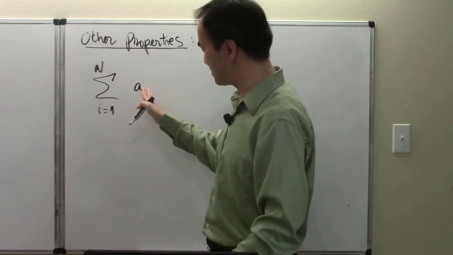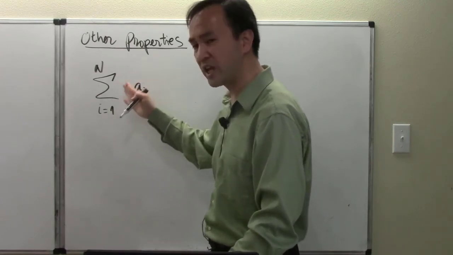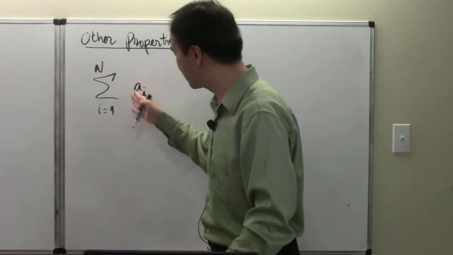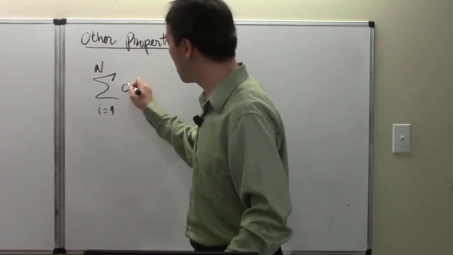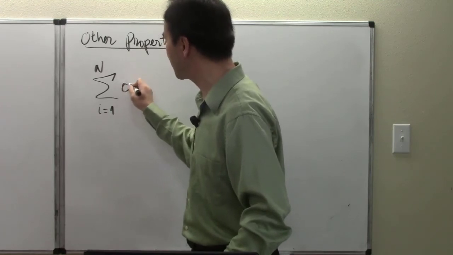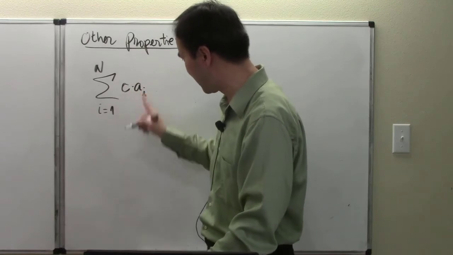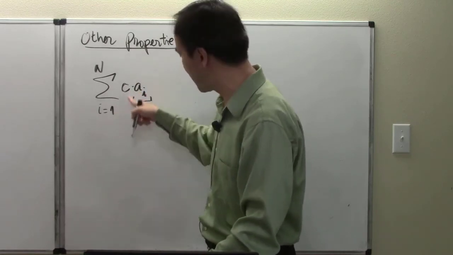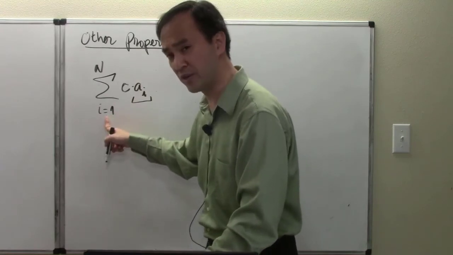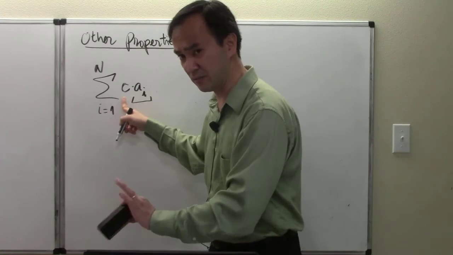But before we worry about the actual rule that regulates the value of a sub i, at least one thing we know, each term has a constant coefficient c. So this c part right here, pay attention, it's c times a sub i. The a sub i part generates a value depending on where your index position is, but this c is completely independent.